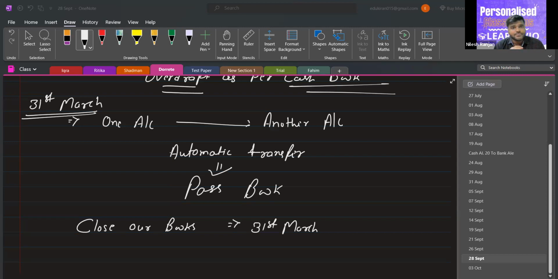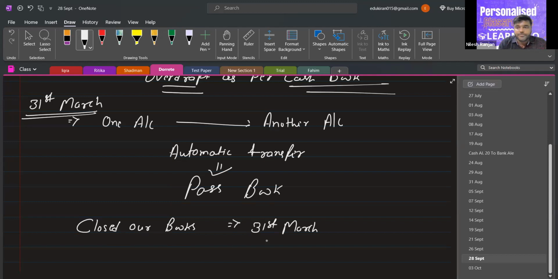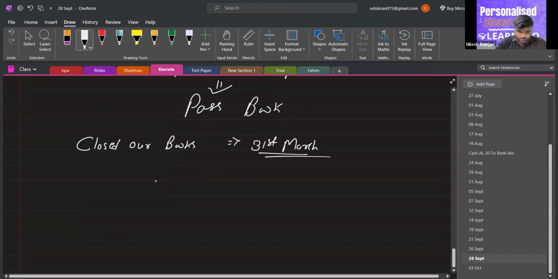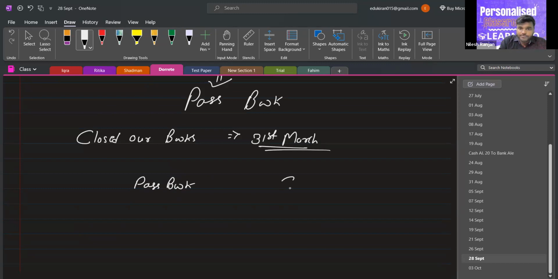Yes, sir. Now, if we are recording in cash book after 31st March, then there will be a difference because we closed our books on 31st March. Yes, sir. Now, it is like we have recorded in passbook, but not in cash book.